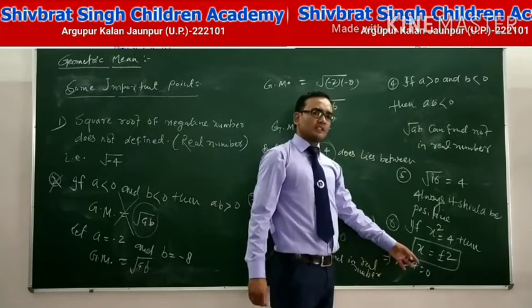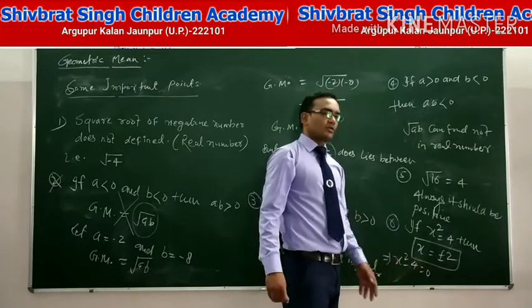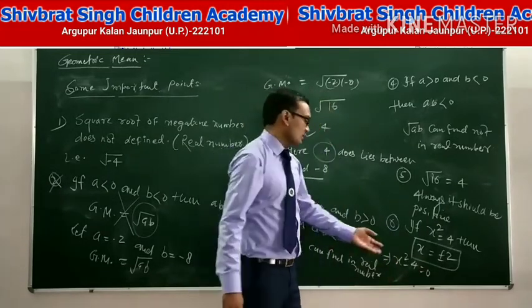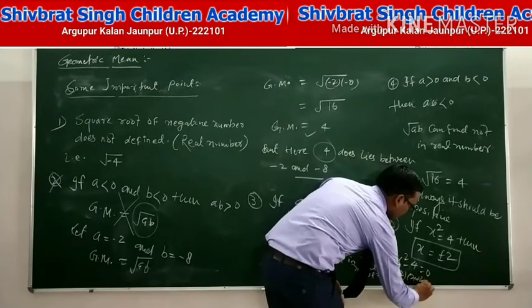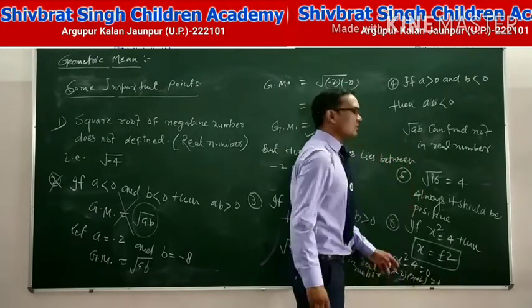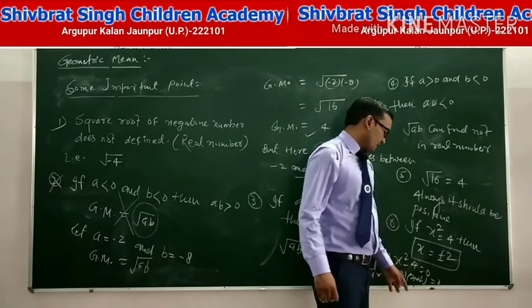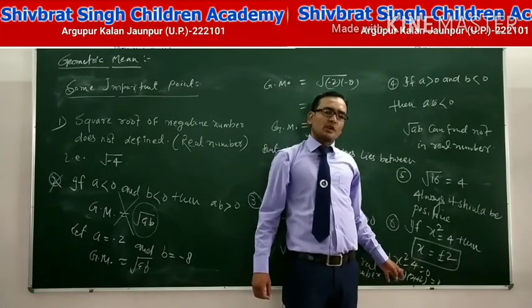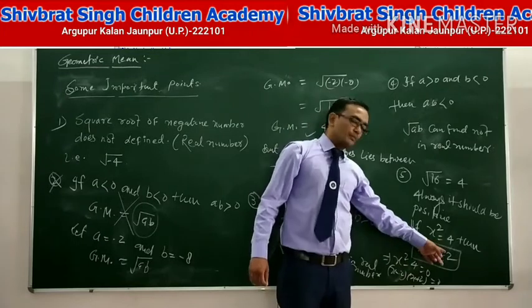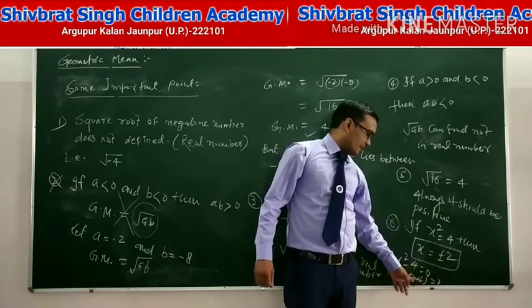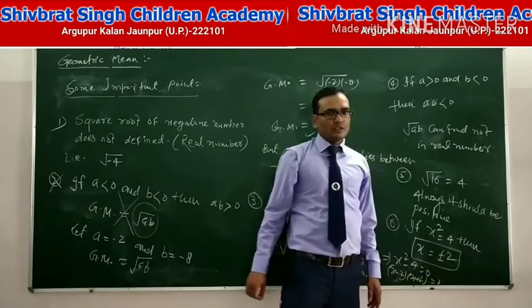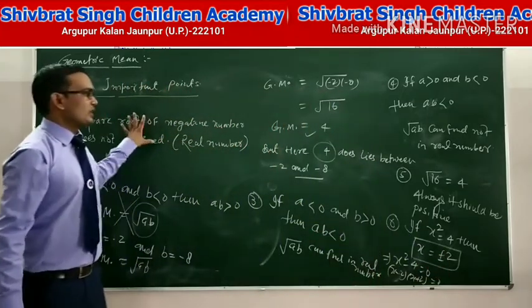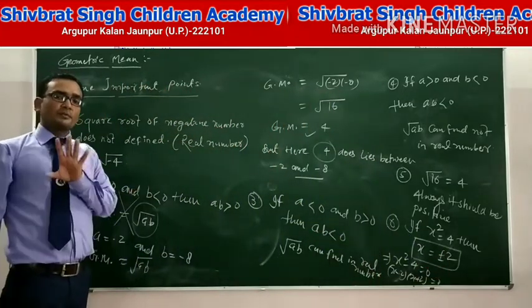Using a square minus b square, 4 is also written as 2 square, so this equals x minus 2 times x plus 2 equals 0. Then if x minus 2 equals 0, x equals 2, and if x plus 2 equals 0, then x equals minus 2. This is a very important point for geometric mean.